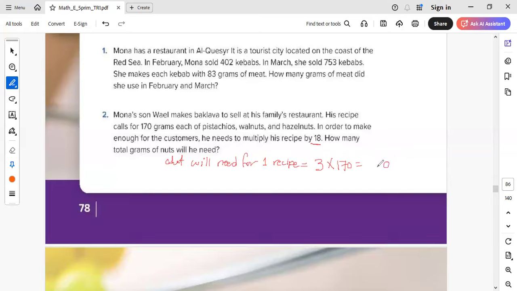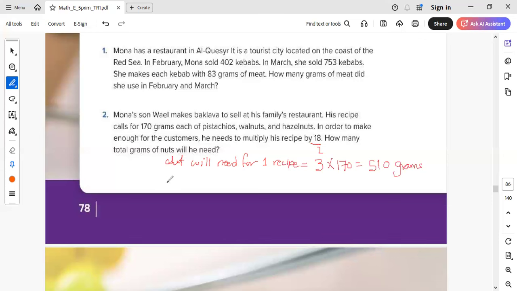We drop the 0 at first. 3 times 7 is 21, 1 carry up 2. 3 times 1 is 3, plus 2 equals 5. So the product will be 510 grams. So this is what Wael will need for one recipe.